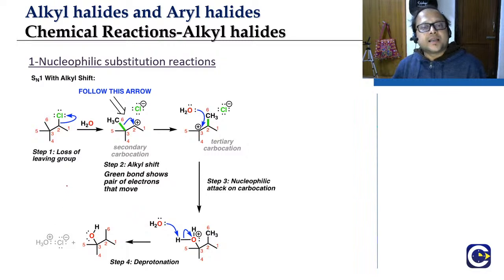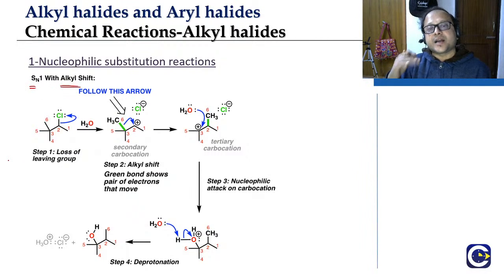Let's see how SN1 is coping with your alkyl shift, because I said that it involves mainly carbocations, and carbocation is what you are dealing with, right? When you are treating this compound, chlorine is taken out, and you should have got your first carbocation over here.